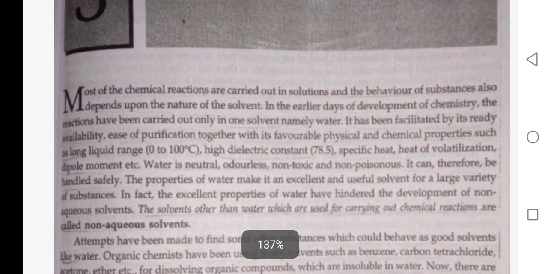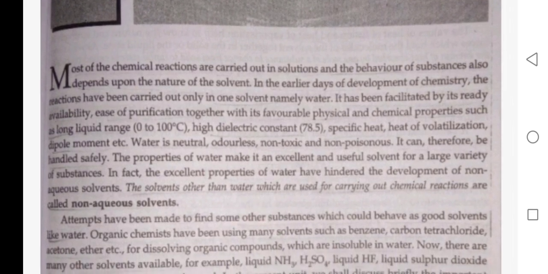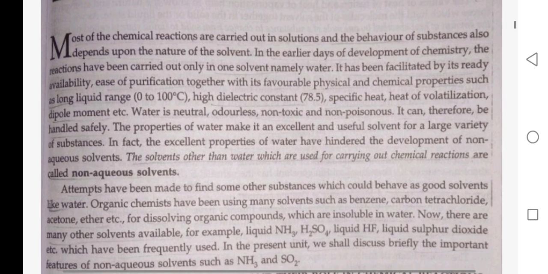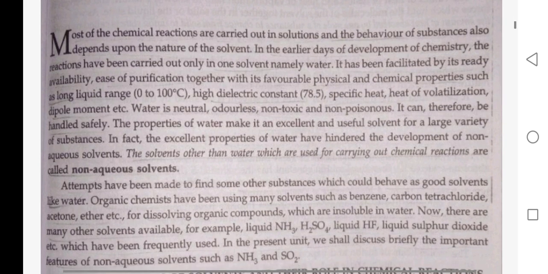Most of the chemistry reactions are carried out in solution, and the behavior of a substance also depends upon the nature of the solvent. In the earlier days of the development of chemistry, reactions were carried out in only one solvent, namely water.